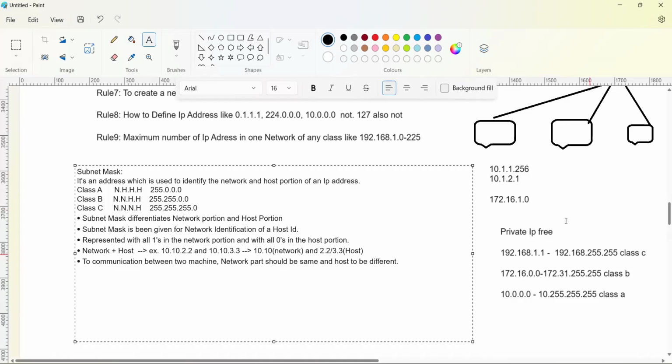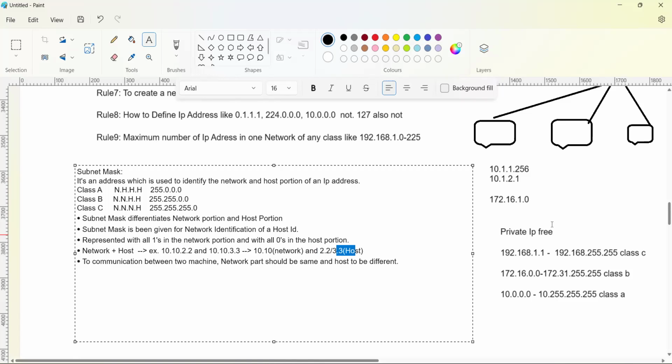The valid IP address portion is identified with the help of the subnet mask and represented with all ones in the network portion, and zeros are the host portion. So network plus host. For example, in between, 10 is the network ID and 2 and 3 are the host portion.